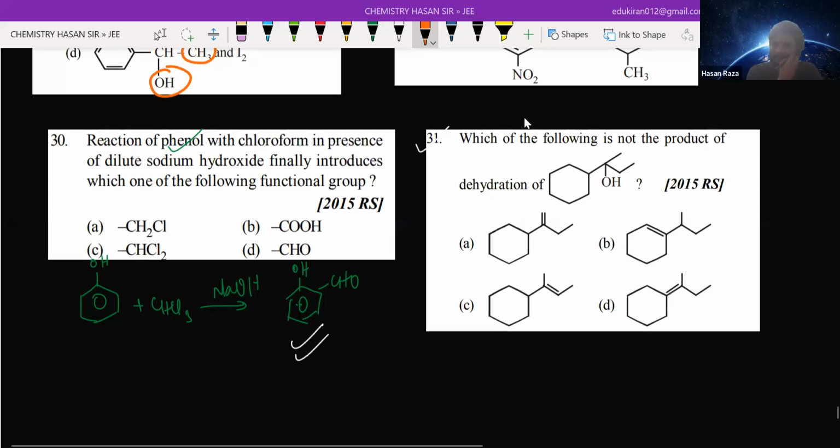Very good. Very good, Madhya. There will be a hydride shift. Carbocation formation will take place.